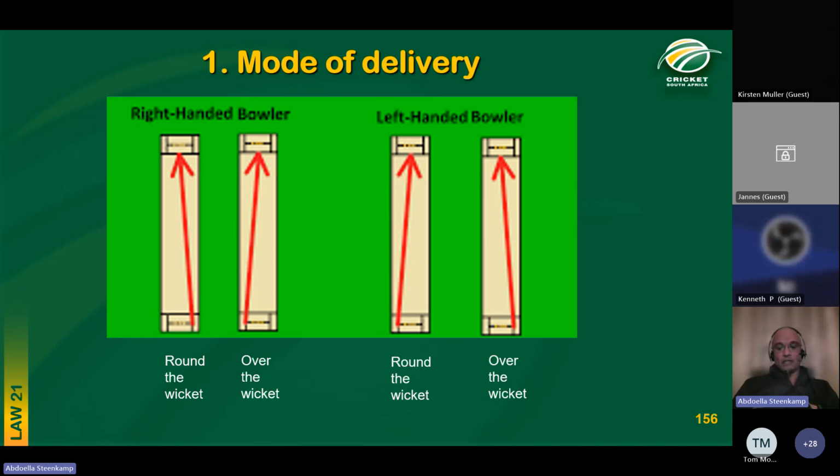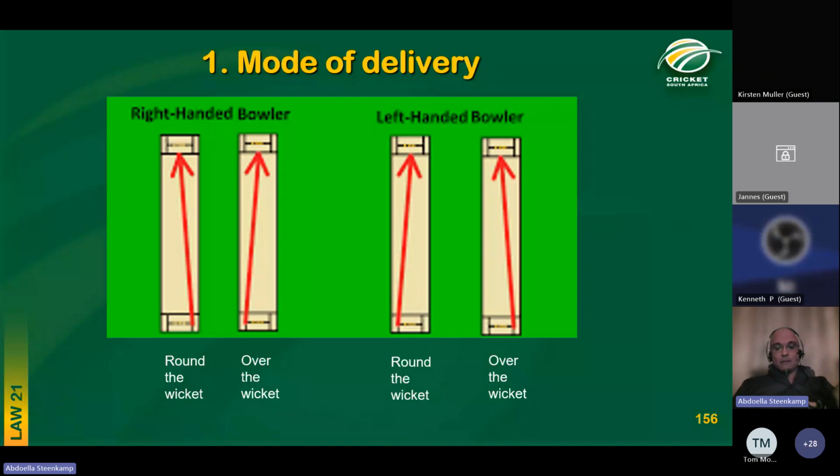If we look at the furthest picture on the right, visualize the ball is in the left hand, the bowler running in. You'll notice that the bowling hand is closer to the stumps. The left hand is closer to the stumps in the picture furthest to the right. That bowler is bowling left arm over the wicket.